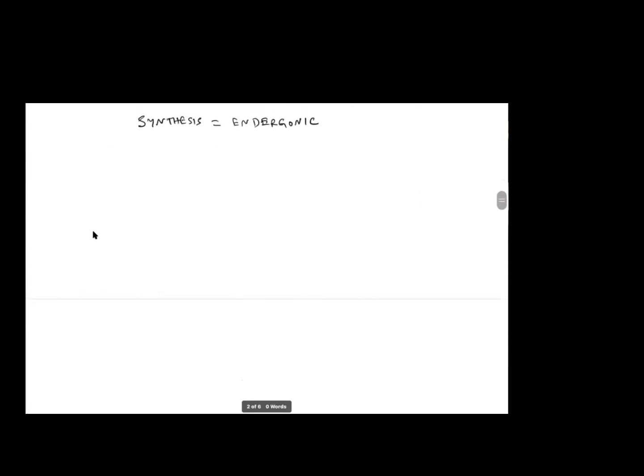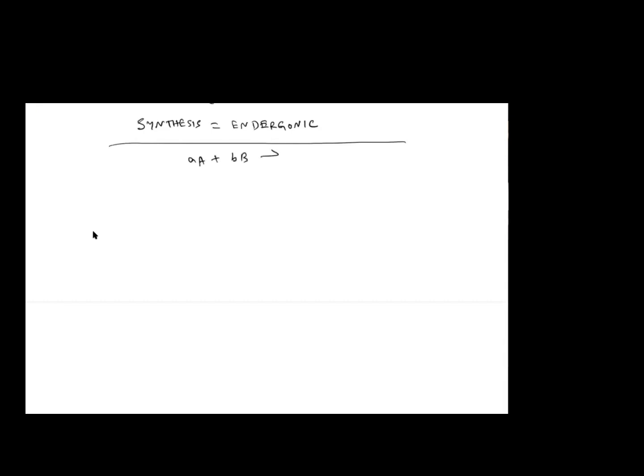Okay, since we're talking about ATP hydrolysis, we're going to talk about hydrolysis, but before that, just a couple of quick notes. We know that for a general reaction, a moles of A and b moles of B going to c moles of C and d moles of D, we can write the equilibrium constant.